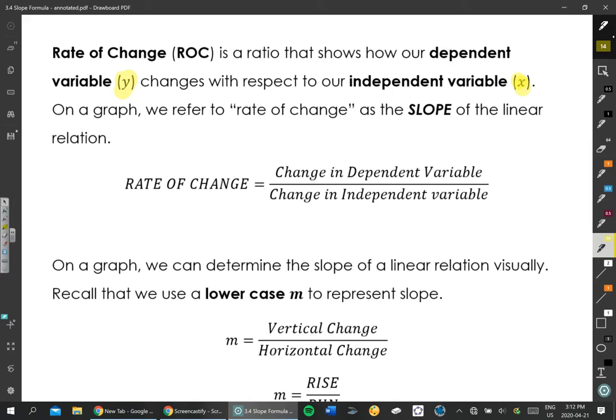On a graph, specifically on a graph, we refer to rate of change as the slope of the linear relation, okay? And the general formula, right? Rate of change is simply change in dependent variable over change in independent variable, okay?